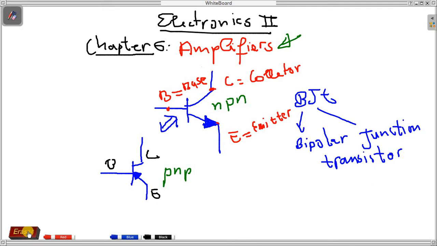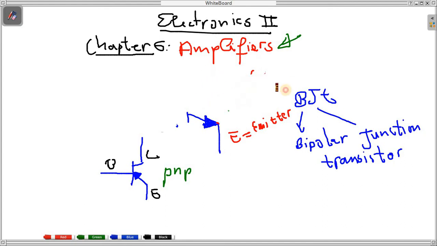Like I said, we can't move straight to the main purpose of this chapter without understanding how this transistor works, and we must remind ourselves of the formulas and everything we covered in chapter 4 and chapter 5 of Electronics 1.